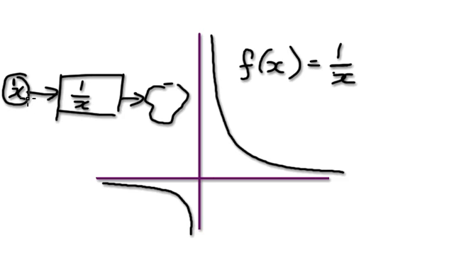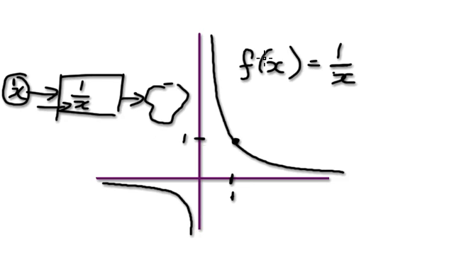If you put the number 1 into this machine, it's just going to get 1, and then put the 1 into the x here, so it's going to be 1 divided by 1, which it will spit out as 1.